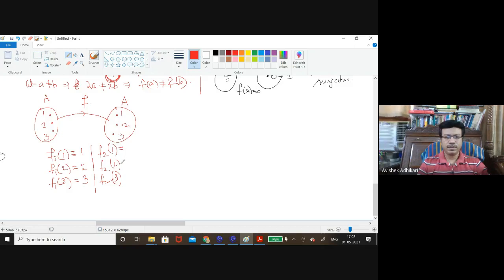Quickly. Any other function? It's very easy. 1 goes to where? Say 1 goes to 2, 2 goes to 3, 3 goes to 1. Then that is also a bijective mapping.